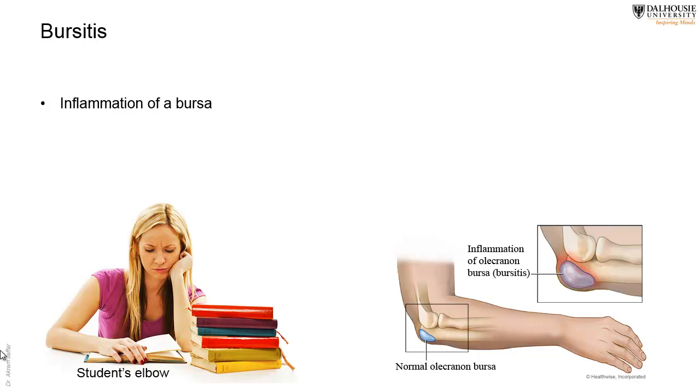If there's continuous friction, continuous rubbing against a hard surface, this will result in inflammation, and because it usually happens in students, the clinical condition is called student's elbow. We don't feel the bursa unless it is inflamed, and then it will be tense, filled with more inflammatory fluid, and painful. Otherwise, we will not feel it.